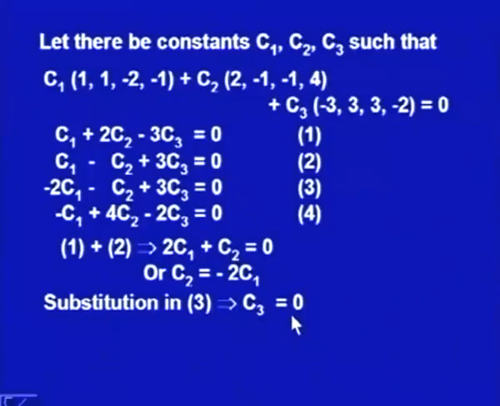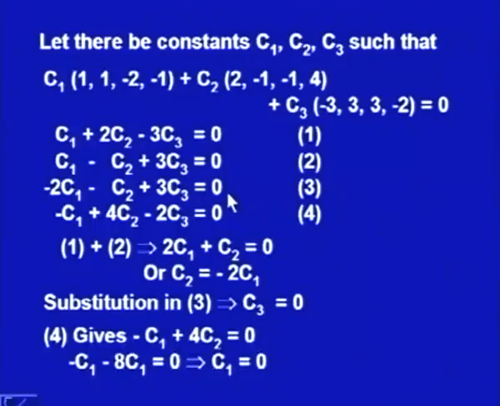This is what we obtained from the third equation, and if you substitute C3 equal to 0 in equation 4, this will give minus C1 plus 4 C2 is equal to 0, and if I substitute this here, it is minus C1 minus 8 C1 is equal to 0, that gives C1 is equal to 0. So, C1 is equal to 0, C2 is equal to 0, C3 equal to 0. So, this system will have only the zero solution.